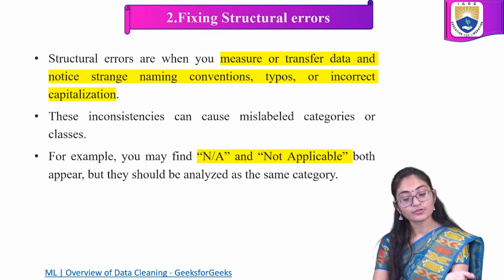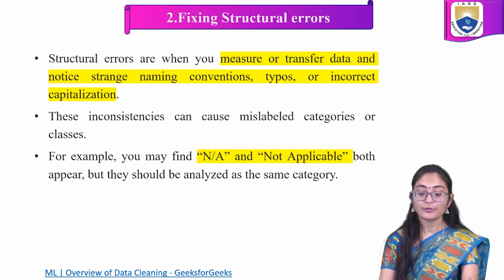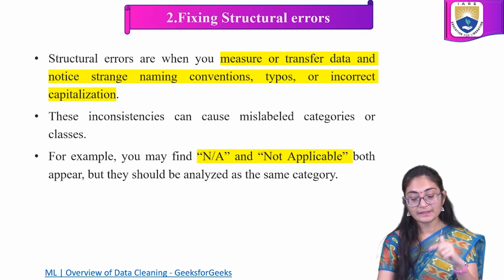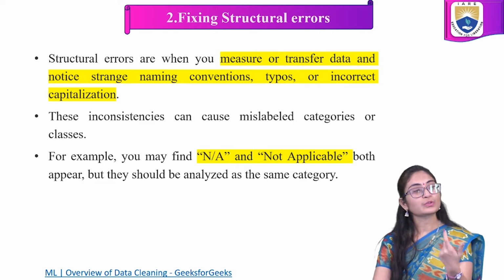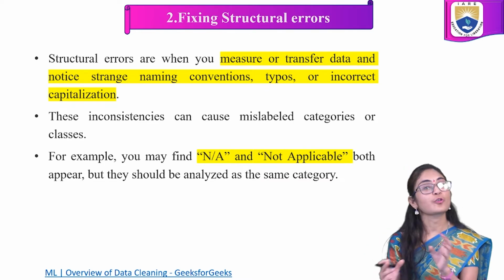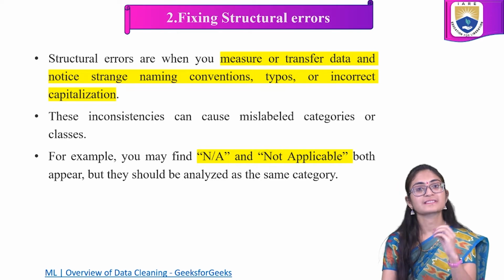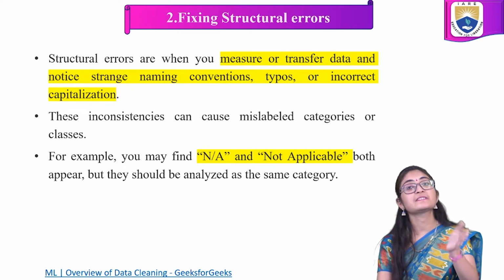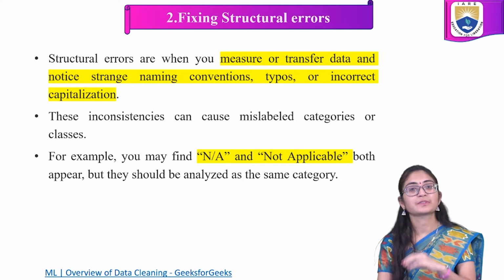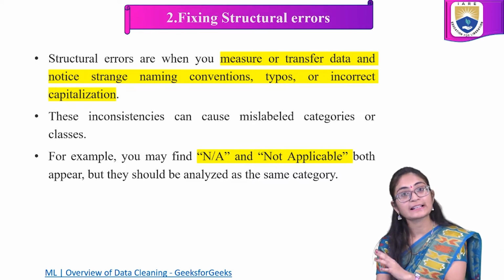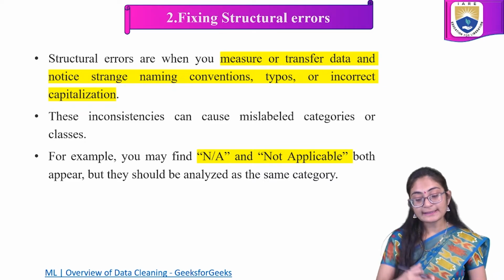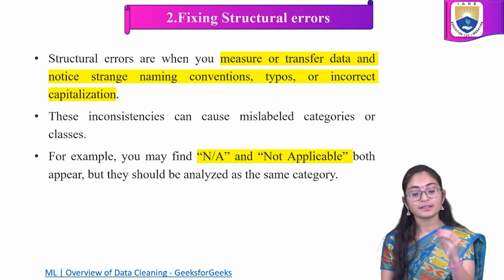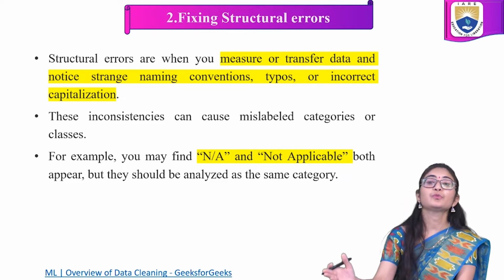Structural errors arise when you measure or transfer the data, and you can notice strange naming conventions, some typos, some incorrect capitalization. If this type of errors are there, then obviously you have to remove them.